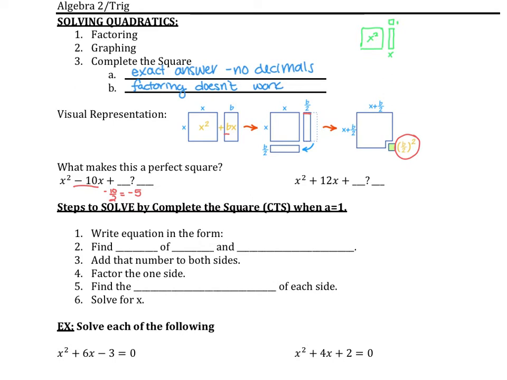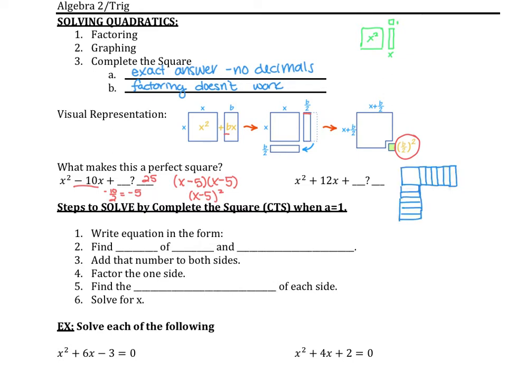So this squared would be 25. So what makes this a perfect square is 25. Now, the reason we know it's a perfect square is because I can factor this and make it x minus 5 times x minus 5, or we may call it x minus 5 squared. Okay, so try the next one. Hit pause, try the next one, and see if you can figure out what makes it a perfect square.